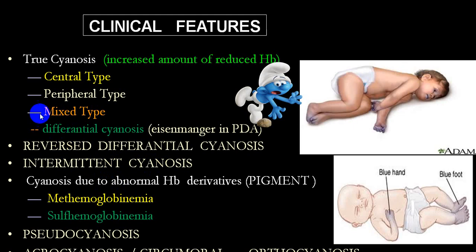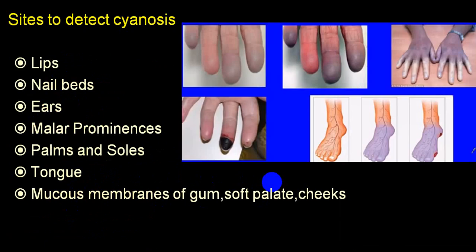Also, you will develop a true cyanosis, which will be a central variety, in case of methemoglobinemia or sulfhemoglobinemia, and we call this enterogenous cyanosis or pigmentary cyanosis, and this is because of an abnormal hemoglobin. We already mentioned before that in case of a central cyanosis, all these structures will be cyanosed, that is lips, nail beds, ear, malar eminence, palm, soles, tongue, mucous membrane.